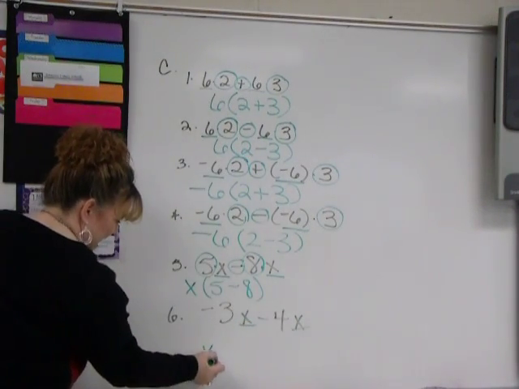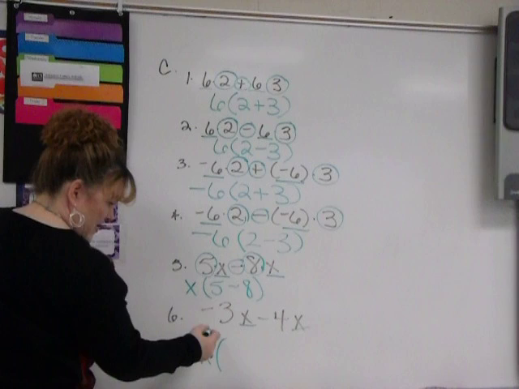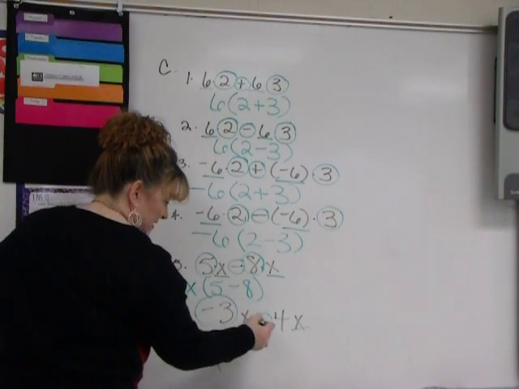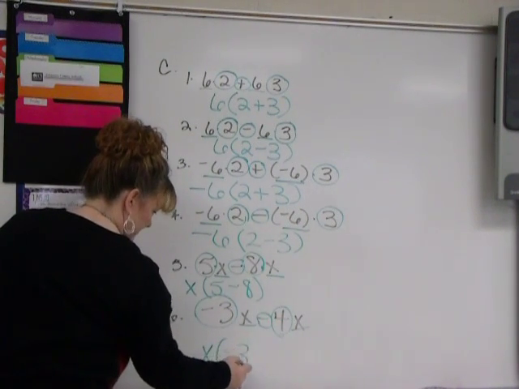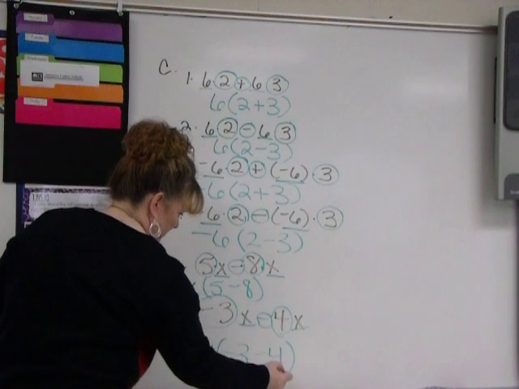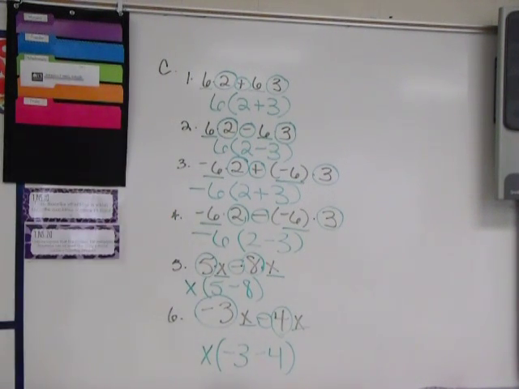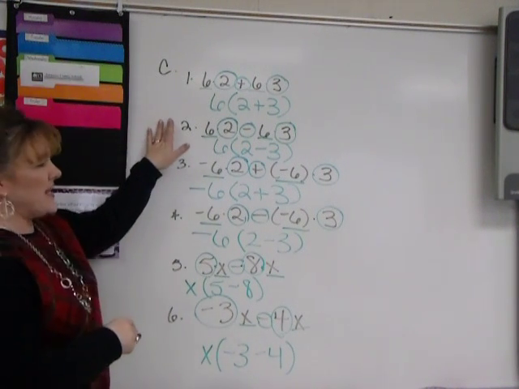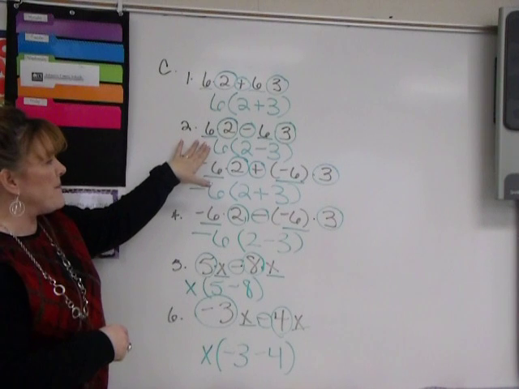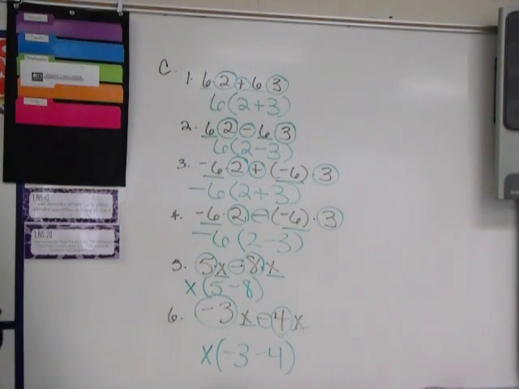X. X goes on the outside. Negative 3, subtract 4 goes on the inside. So now that was giving you practice taking the expanded form and turning it back into the factored form.